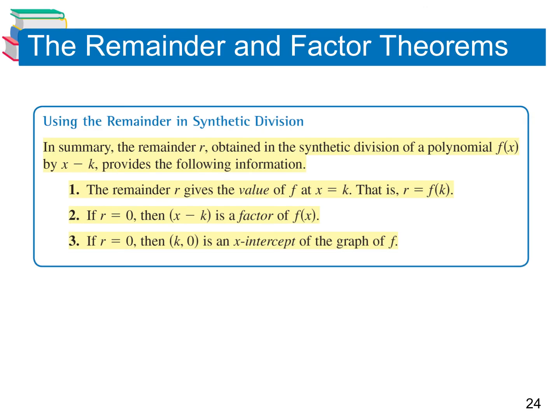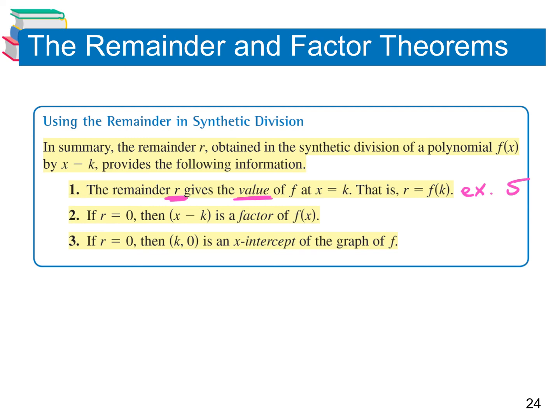On the next slide, this is kind of just a summary of everything we just did. The remainder gives you the value of f at x equal to k. So this is when it says evaluate. This one is like example 5 that we did. We can use our remainder to evaluate.